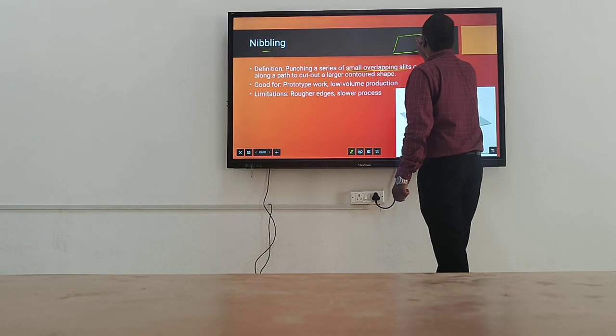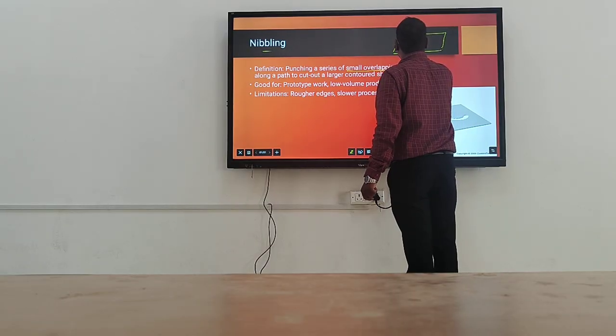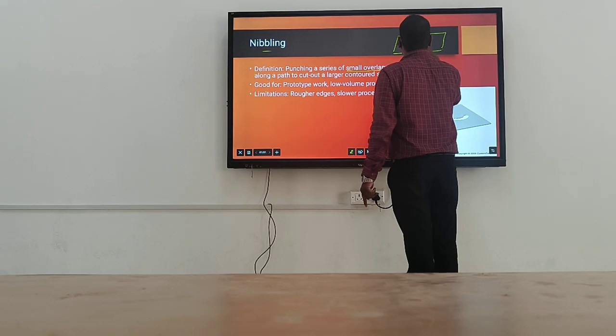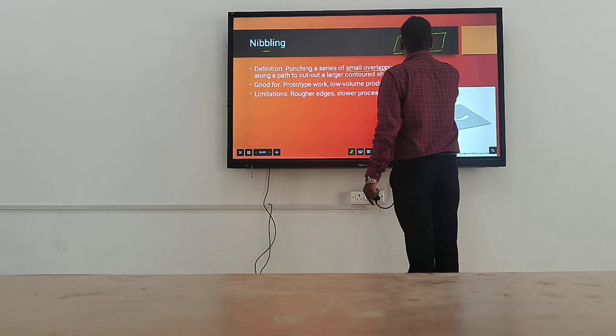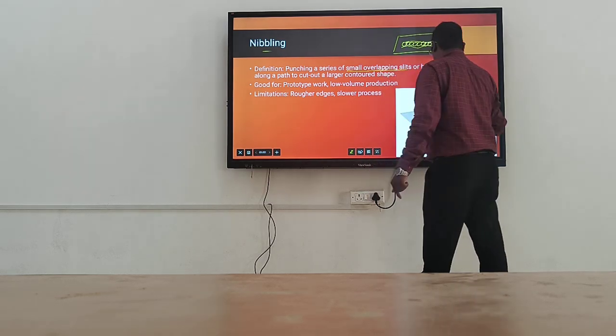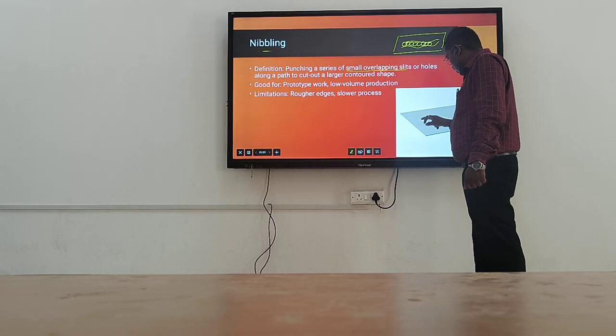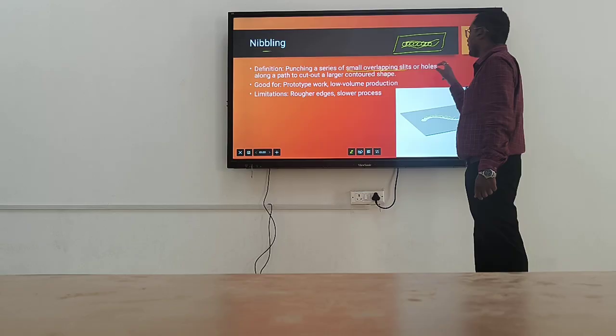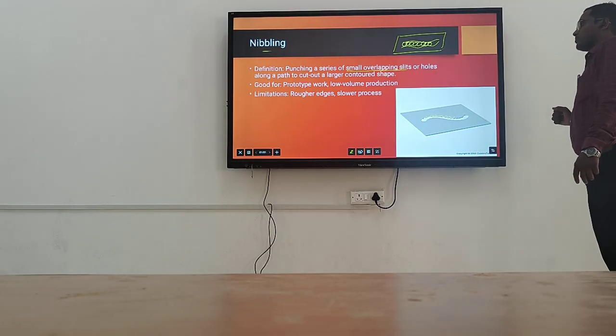When we cut small holes by applying the punch, whatever shape we want, the shape will be like this. So this one is the overlapping. Overlapping holes are big.